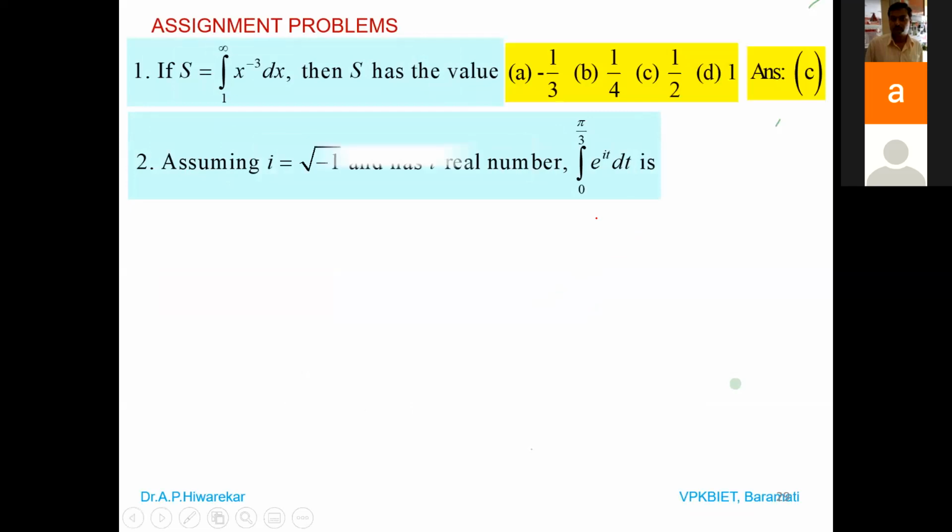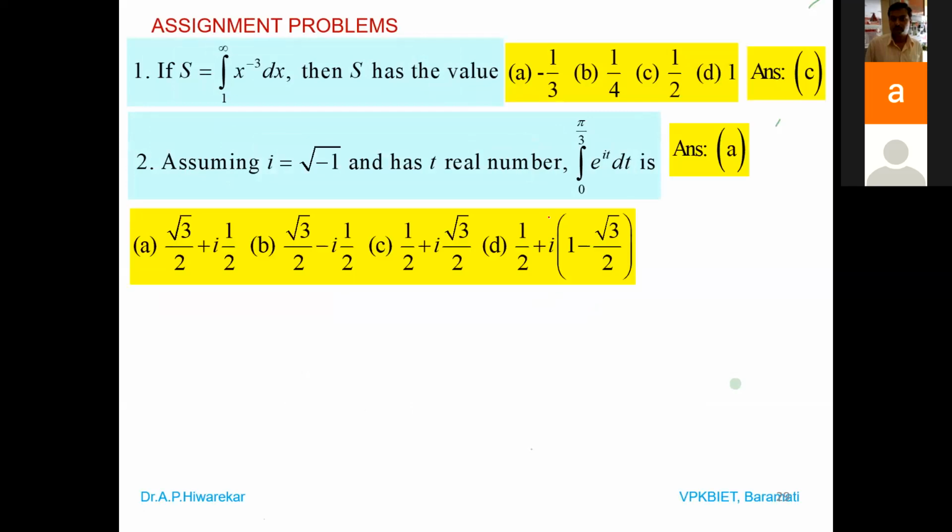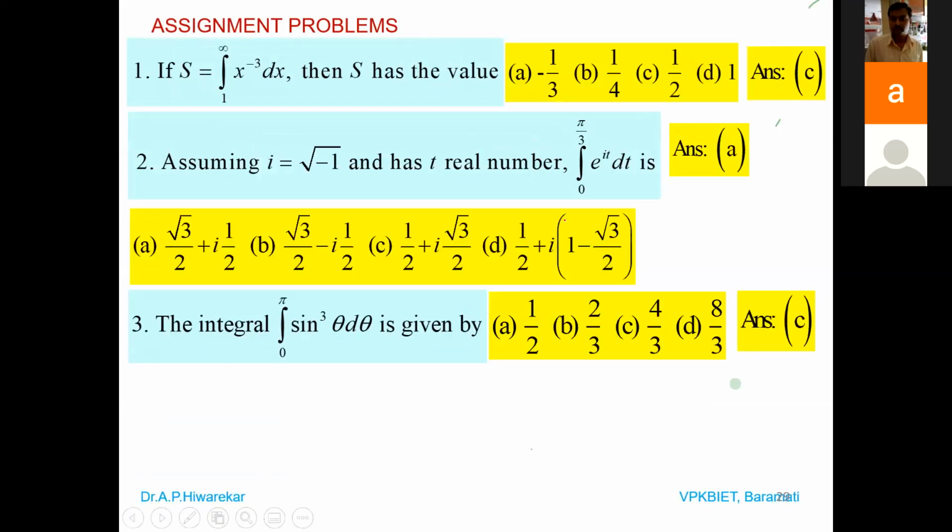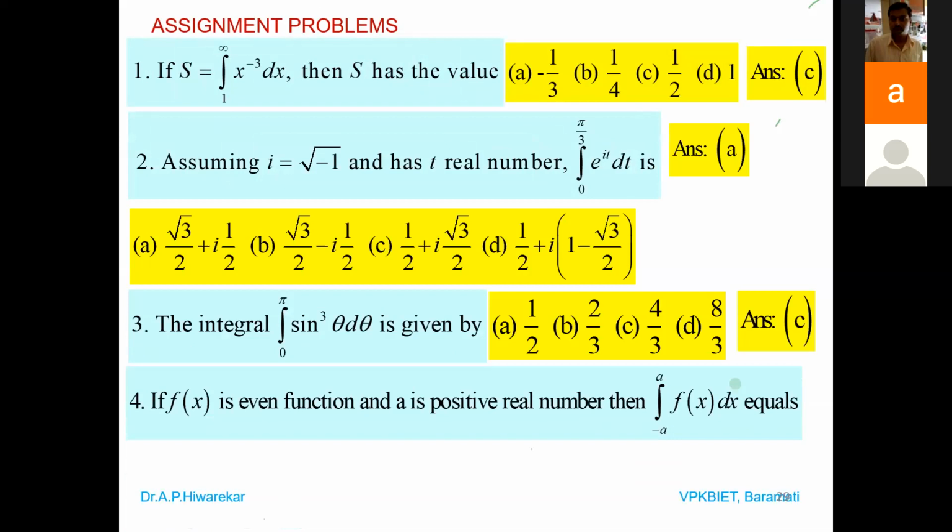I will show you a few more problems which are assignment problems, which are also important. You can take a screenshot of this. All these questions are from the GATE question paper only.